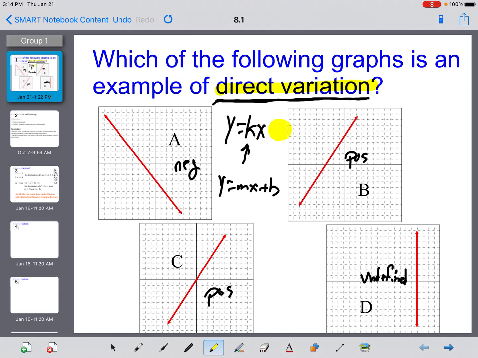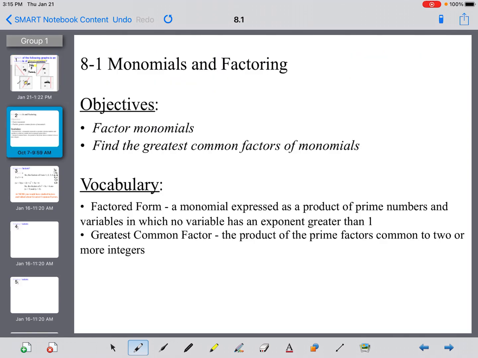But the strange thing here is, there's no b. There's no piece after the x. That's because the y-intercept and the x-intercept are right here at the origin. So that tells us that this graph is direct variation because it passes through the origin. That's a big deal. It probably will be on the SOL test, so I like to make sure that we deal with that a few times along the way in review.